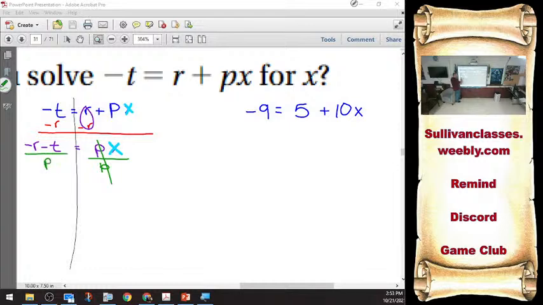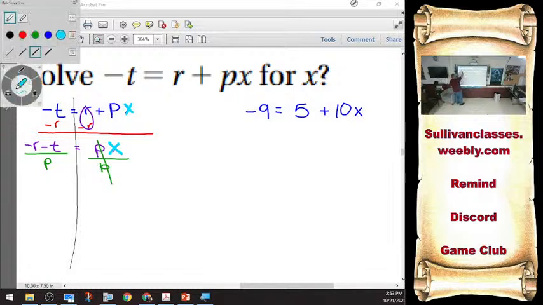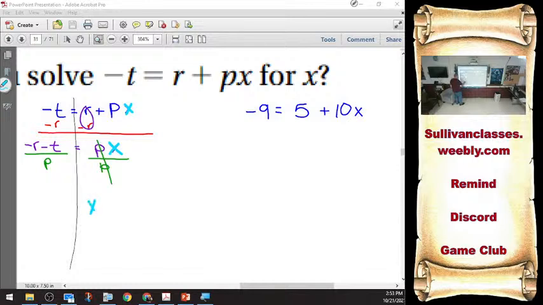Divide it all by P. And I can't reduce R over P. I can't reduce T over P. So it just stays butt ugly like that. X is negative R minus T all over P.